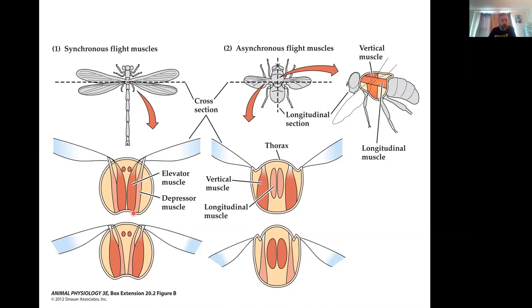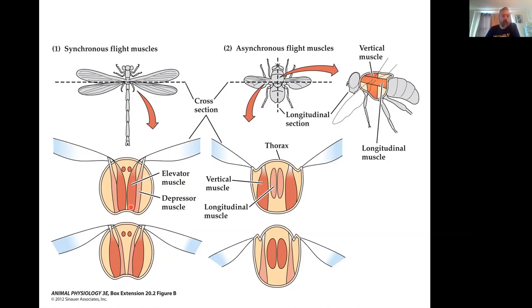To lift the wing, the elevator muscle contracts, the depressor muscle relaxes, and the wing flips up, and vice versa to bring it back down. Simple as that, right? As we contract though, we can rely on some elastic rebound at the cuticle to pull in the opposite direction, to get us to flip the other way.